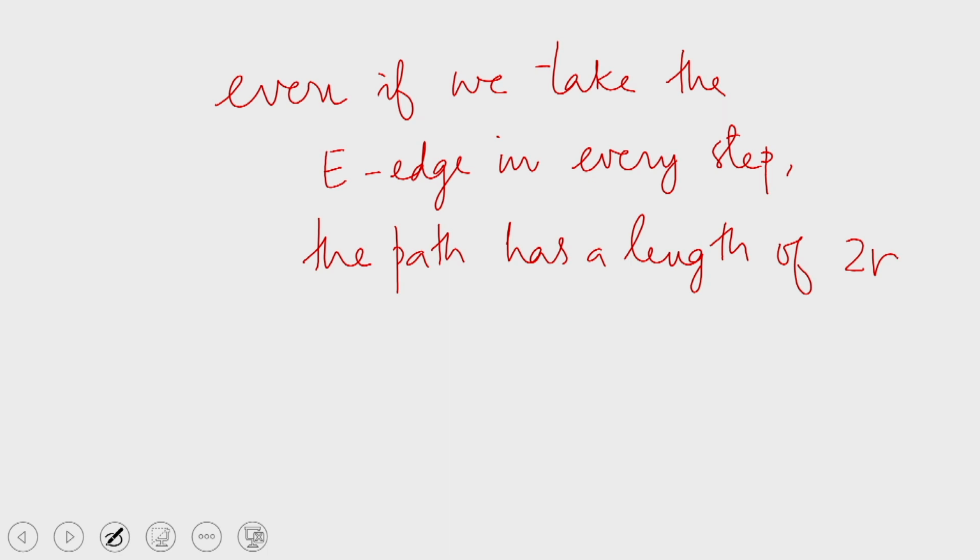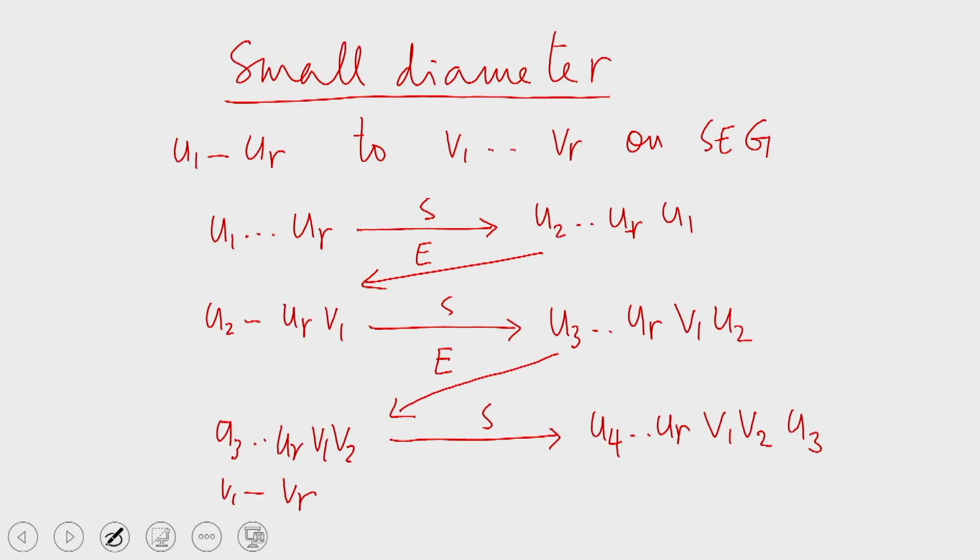Since R equals log n in this case, the length of the path is 2 log n. So with a shuffle edge and an exchange edge, we are fixing a single bit. So with 2 log n steps, we will be able to fix every single bit. We will be able to transform the label from U1 through UR to V1 through VR.